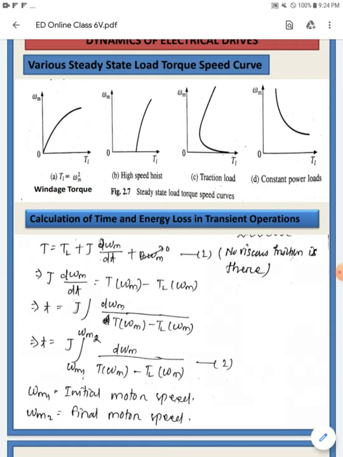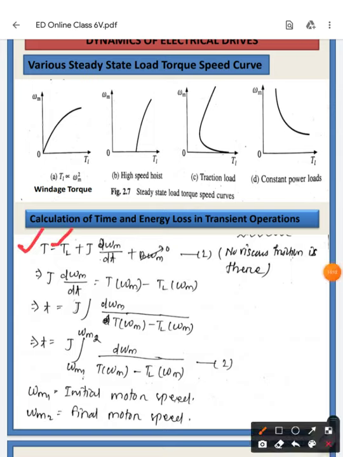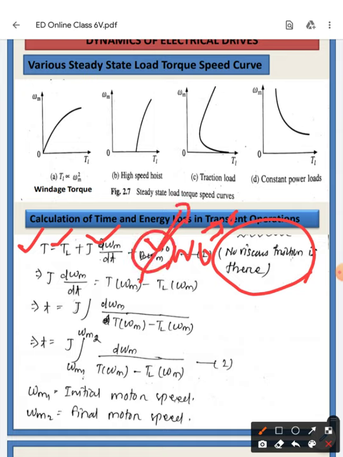Now we know that the total torque is the combination of your load torque plus J times the rate of change of your angular momentum plus B omega m. But in viscous friction, as the angular speed is 0, this term tends to 0.